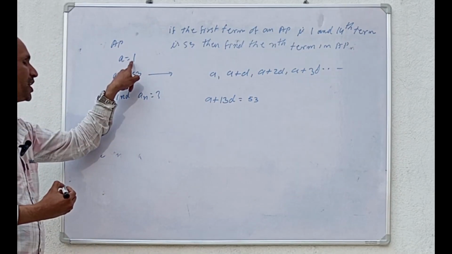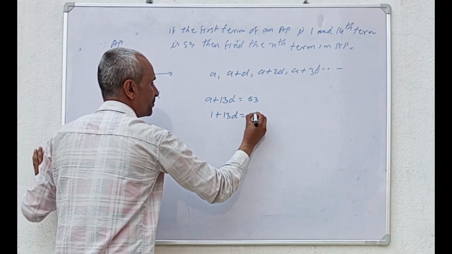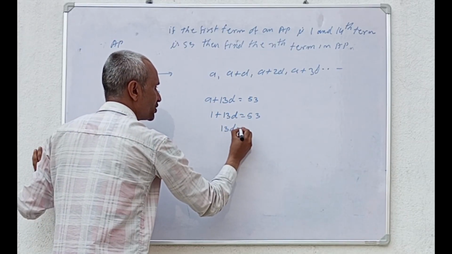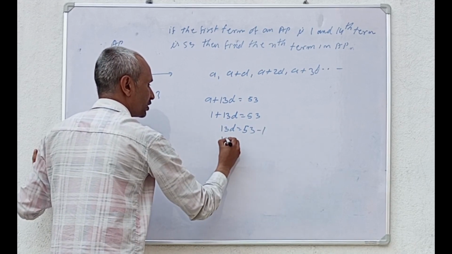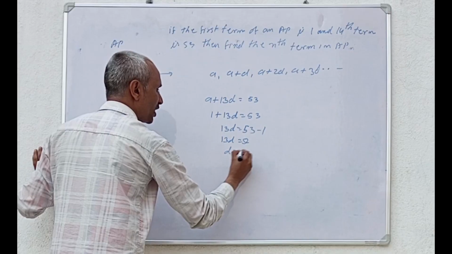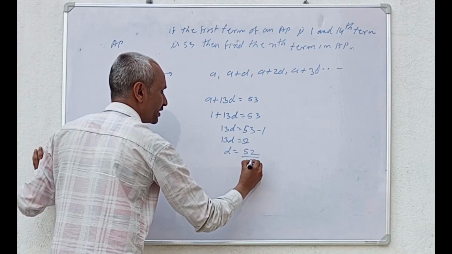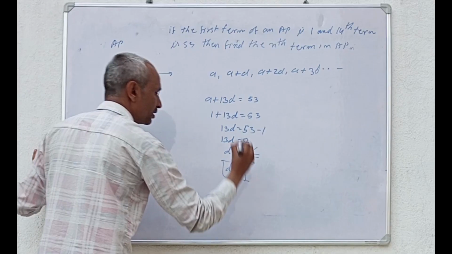A value we already know, A value given 1. 1 plus 13D is equal to 53. 13D is equal to 53, and transposing that side minus 1, 13D is equal to 52. Then D is equal to 52 divided by 13. 13 4s are 52. So D is equal to 4.